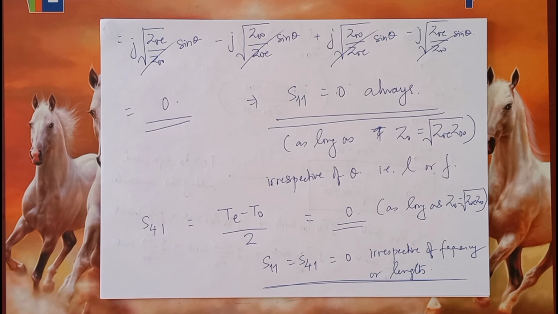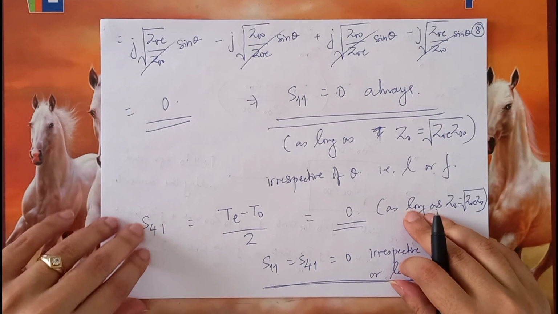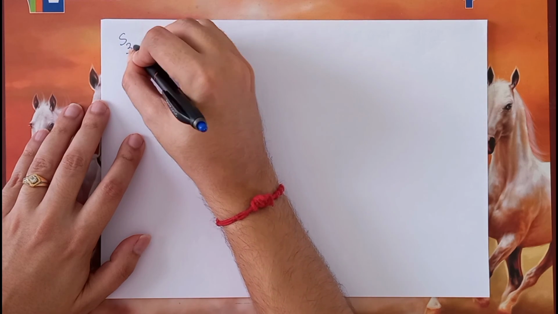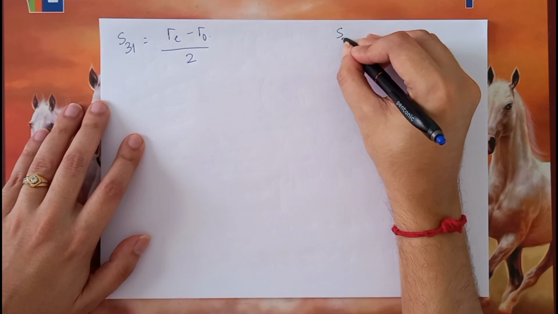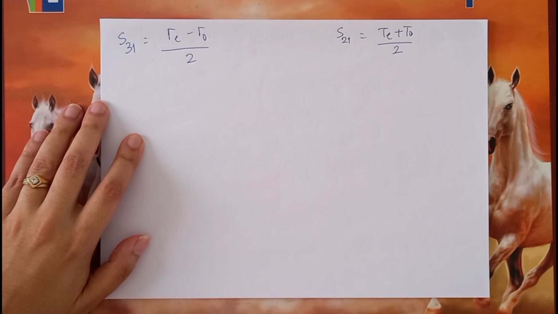Now, this analysis is not complete. It's not complete because we do not know what S21 and S31 are. So we had said, let's look for S31, that is equal to gamma E minus gamma O by 2, and S21 is TE plus TO by 2. We had derived this.